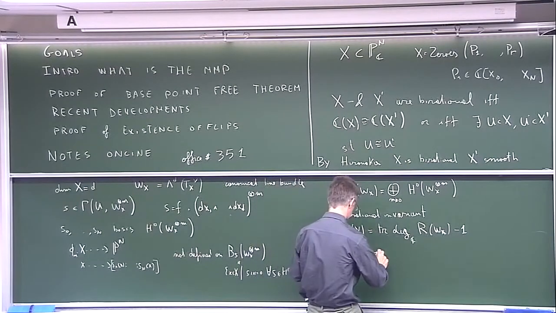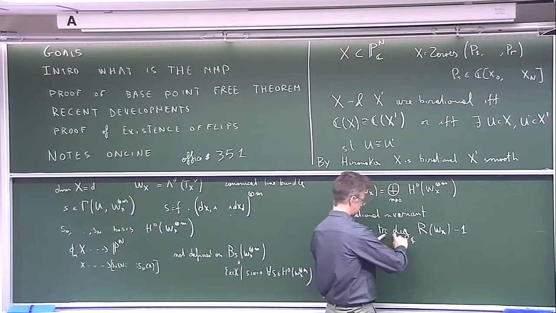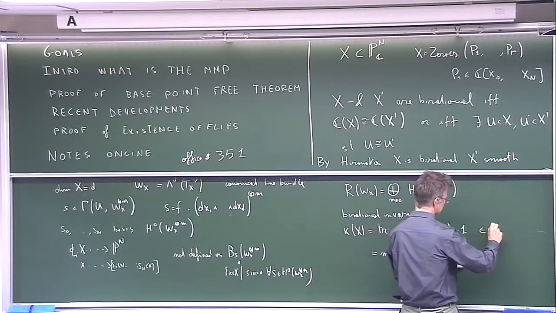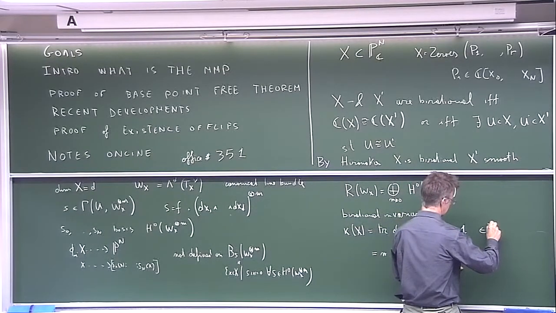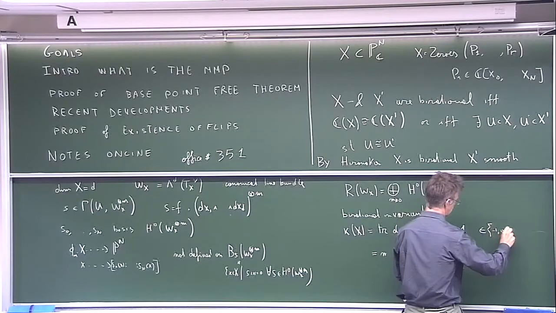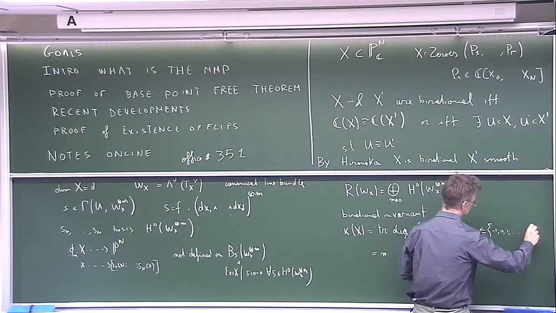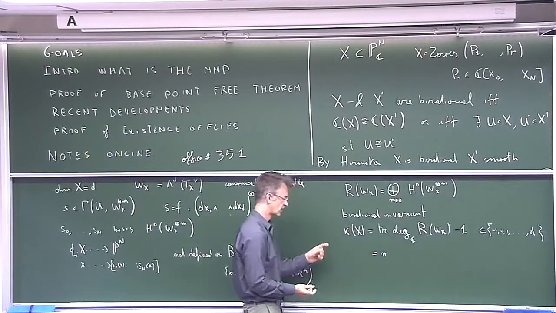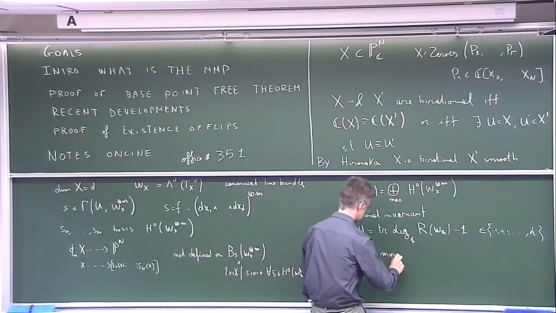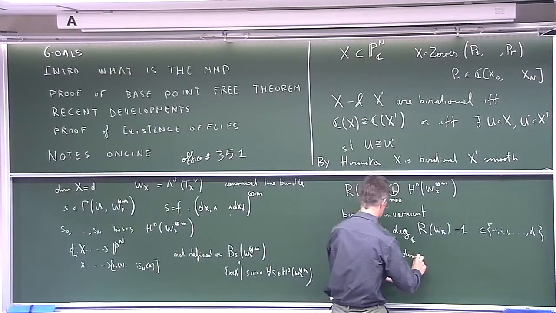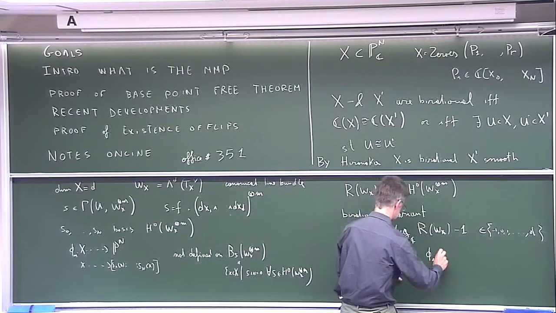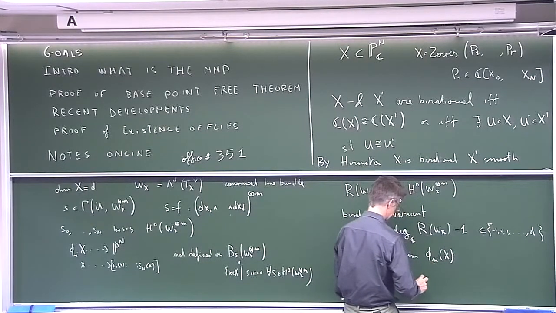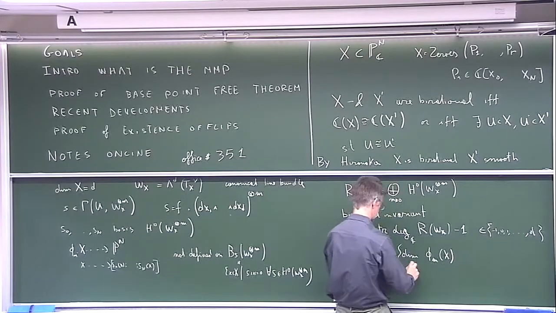So as defined here, this will be an integer which can be either -1, 0, 1, all the way up to d, where d is the dimension of X. Another way of thinking of the Kodaira dimension is the maximum dimension of the image of X via these pluricanonical maps. Maximum of the set of all dimensions.